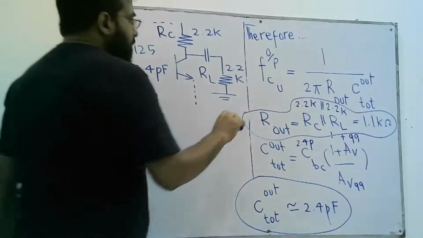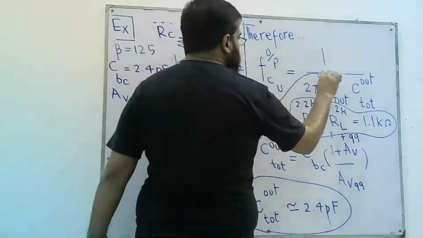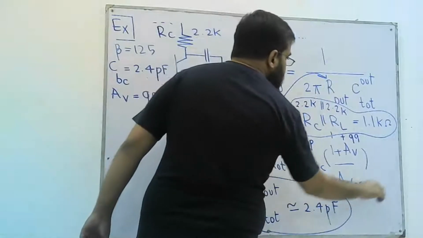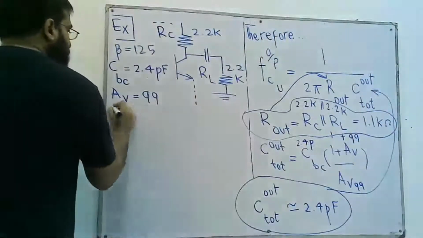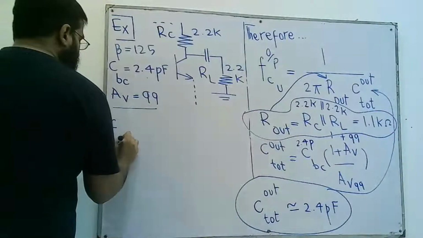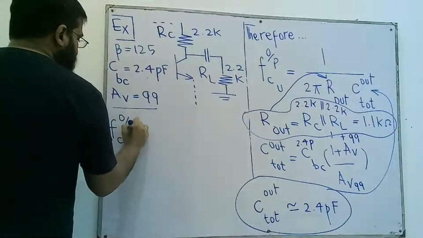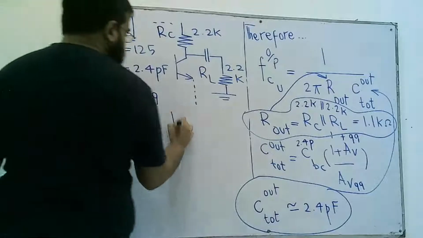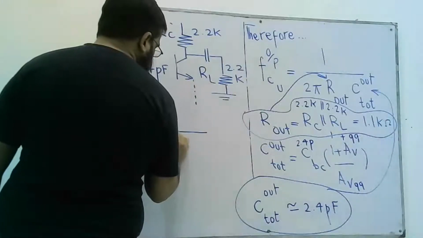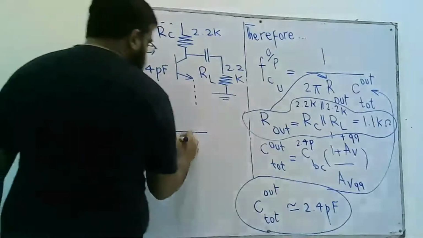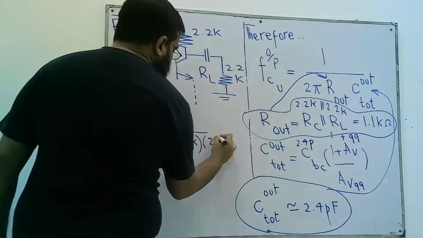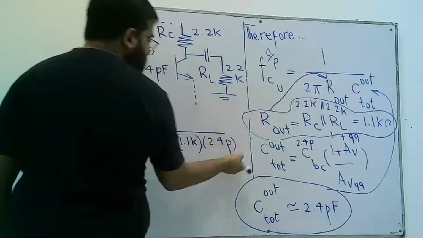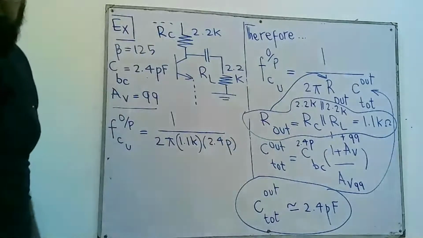So now it's time to plug these values in here. So FCU due to output coupling capacitor is 1 over 2 pi, R out is 1.1 K, C out is 2.4 P. P means pico, 10 to the minus 12.